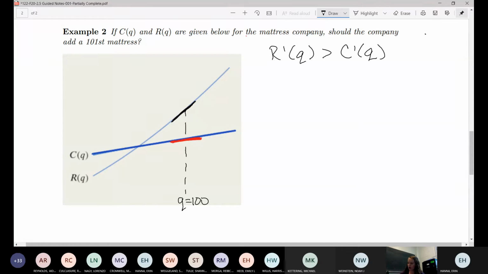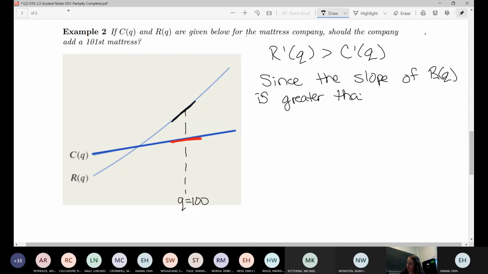That one came from our revenue function. So since the slope of R of Q is greater than the slope of C of Q, R prime of Q is greater than C prime of Q.